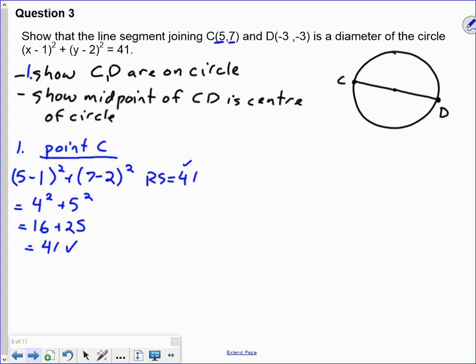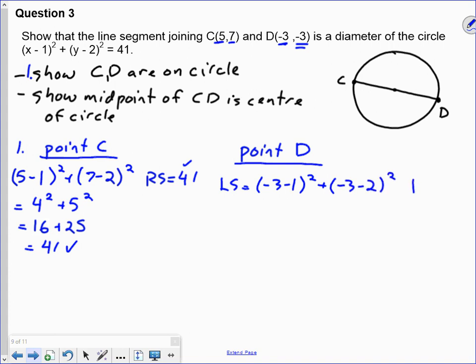Let's do the same thing for point D. Our left side is going to be, we're subbing the negative 3 here, so (negative 3 minus 1) squared plus (negative 3 minus 2) squared, and of course our right side is 41.